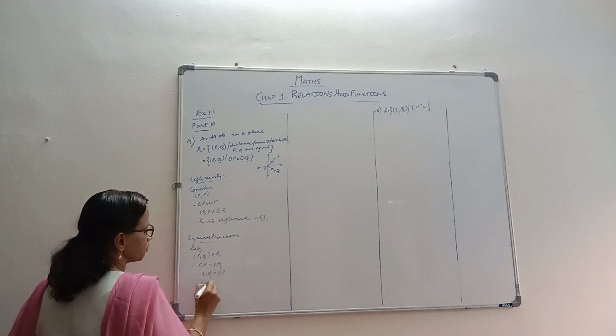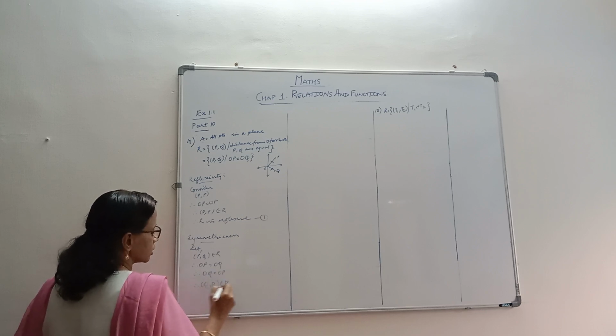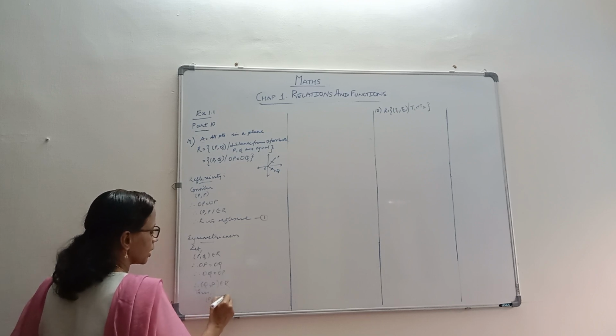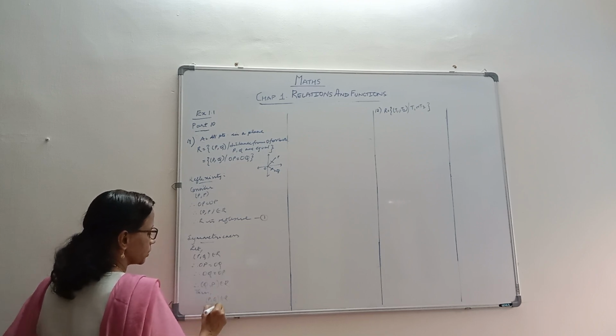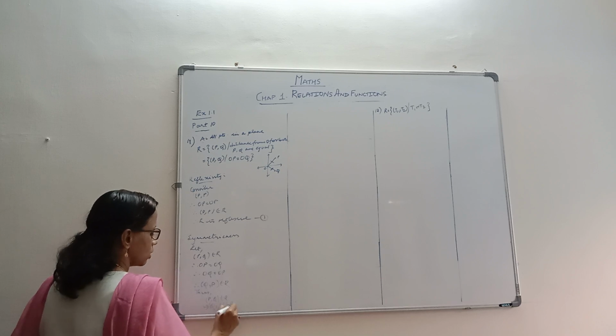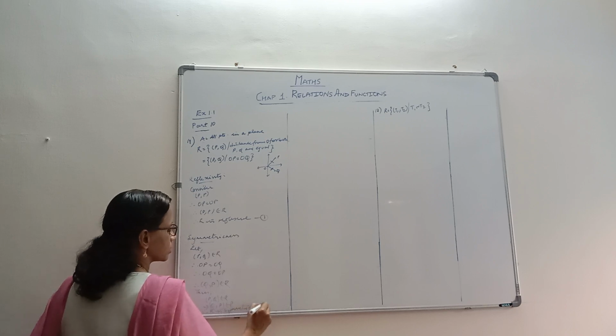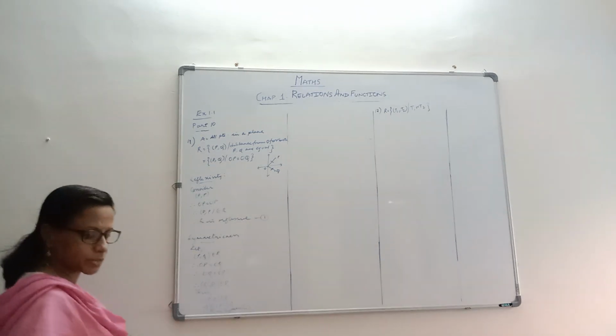So Q comma P belongs to R. Thus, starting with P comma Q belonging to R, we are getting Q comma P belonging to R. So R is symmetric.